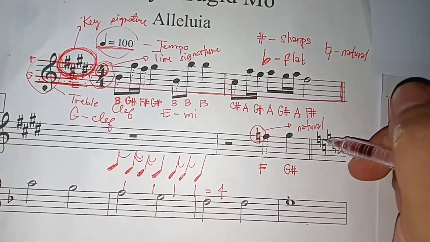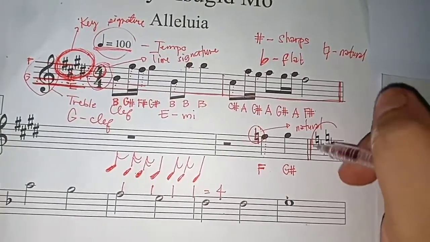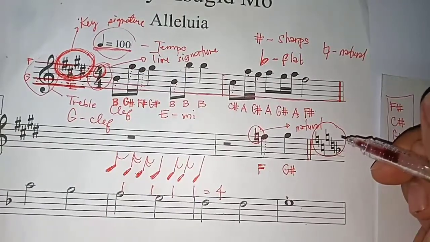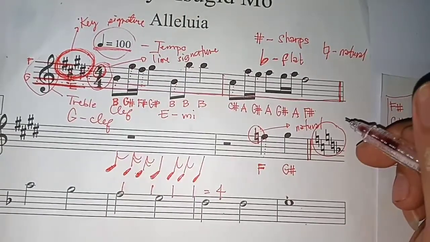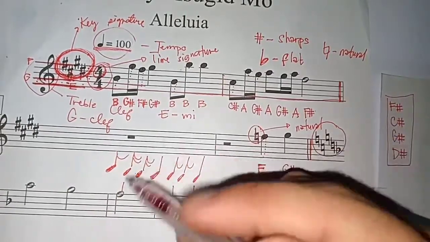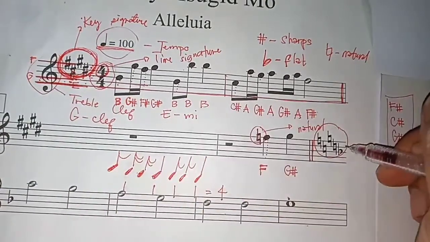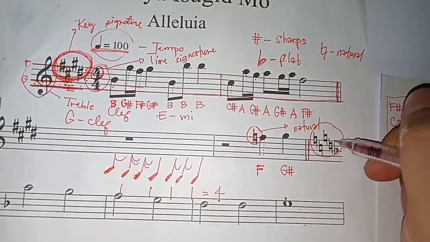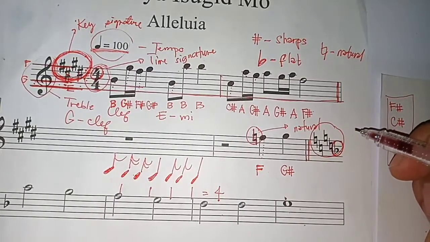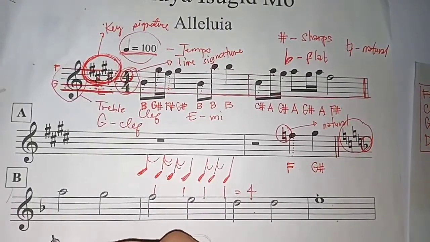This time, in this next measure, we are now encountering a new set of signatures or accidentals. So we have a natural sign, so it cancels all the sharps, and it adds a new accidental. Let's try obtaining from here.